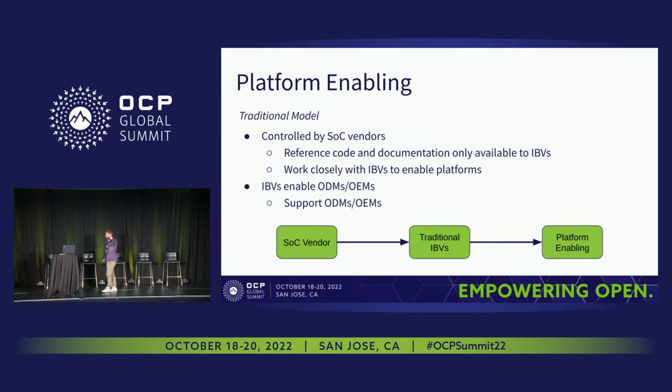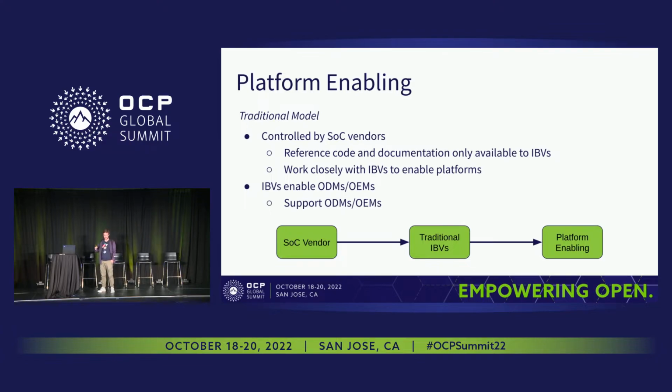Okay, what does the traditional platform enabling model look like? The traditional model is highly controlled by the SoC vendors, basically. The SoC vendors and the traditional IBVs have a very good working relationship. So it's a 1-to-1 or 1-to-5, or only a couple of IBVs out there. Relationship.